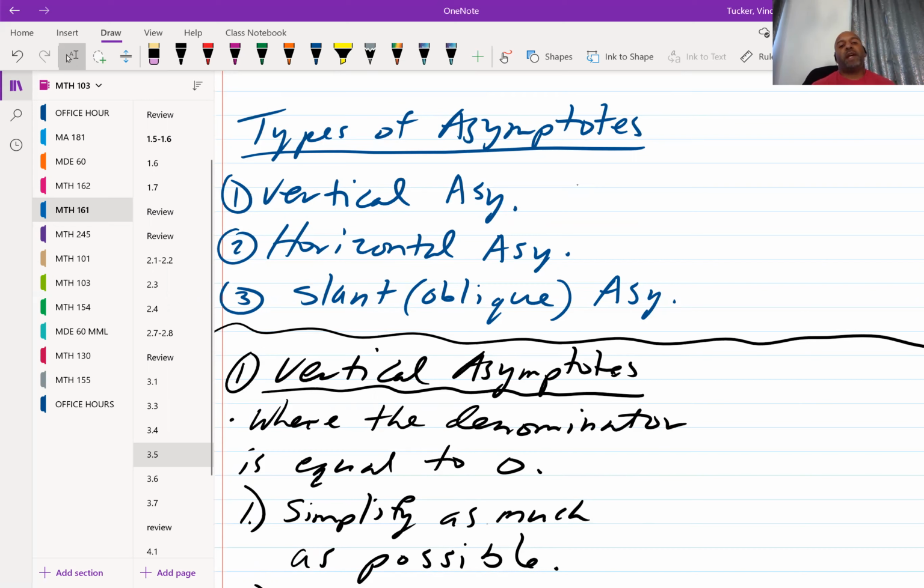All right, the first one we'll discuss is a vertical asymptote, and that is where the denominator is equal to 0.